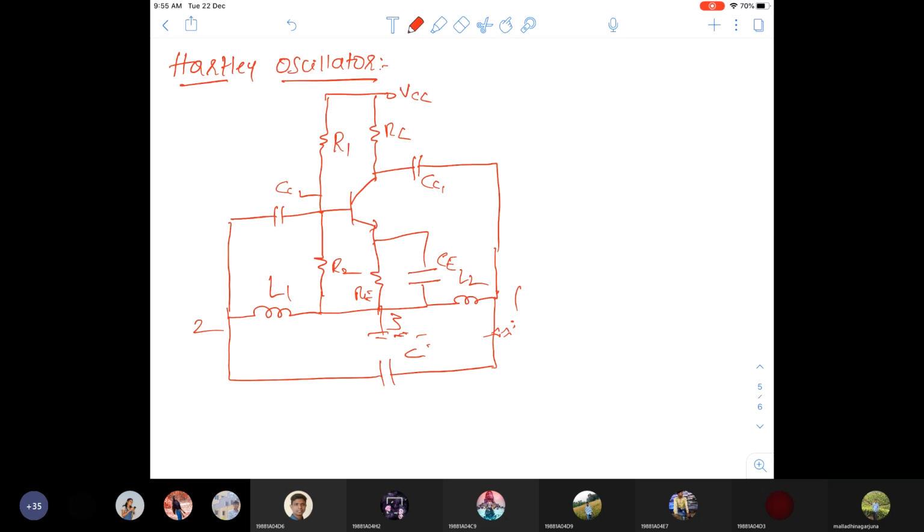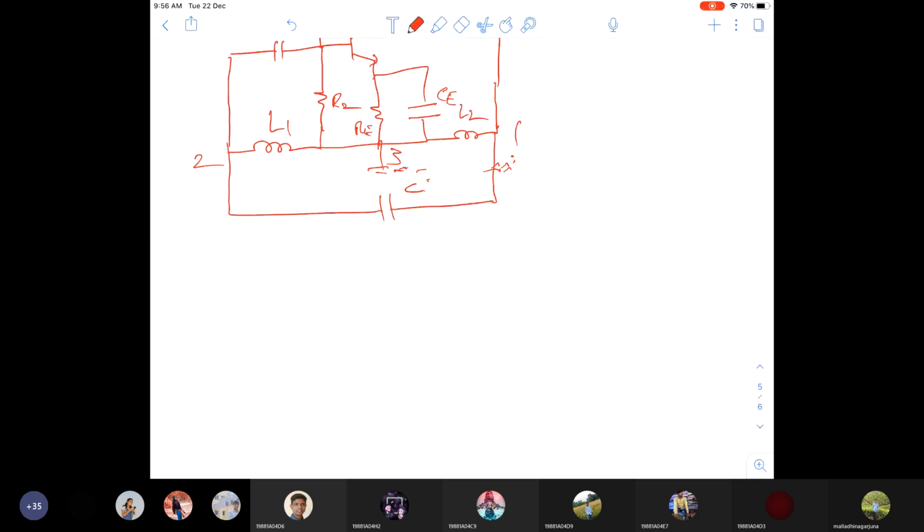The second point for the Barkhausen criteria is that the loop gain must be 1. So what is the generalized formula, the equation? HIE of Z1 plus Z2 plus Z1 Z3 plus Z2 Z3 plus HFE into Z1 Z2 equal to 0.